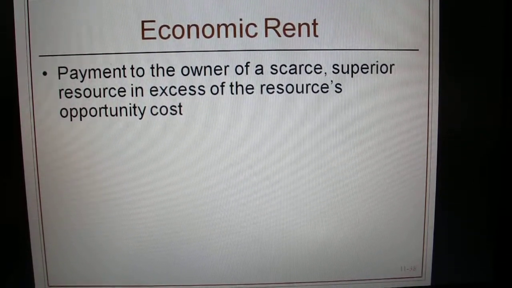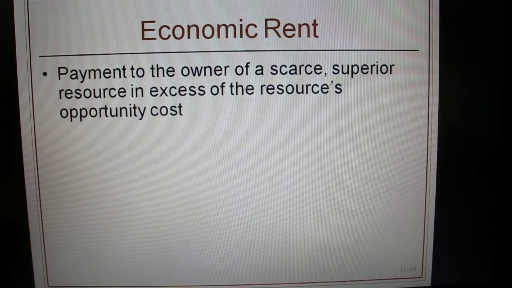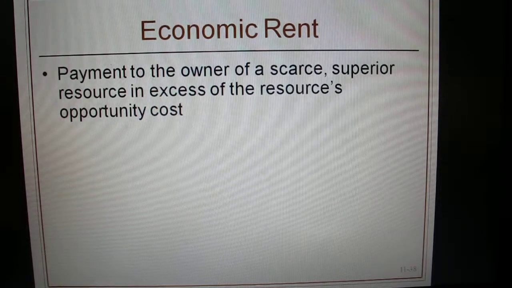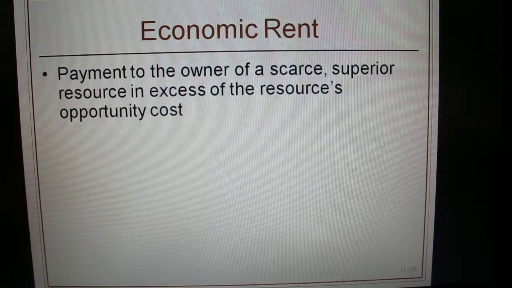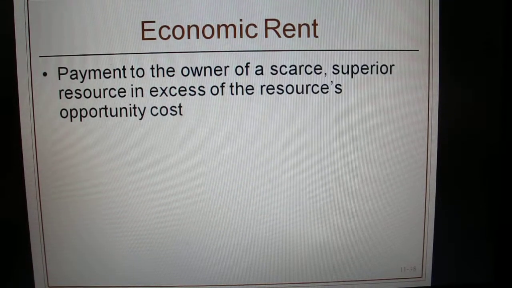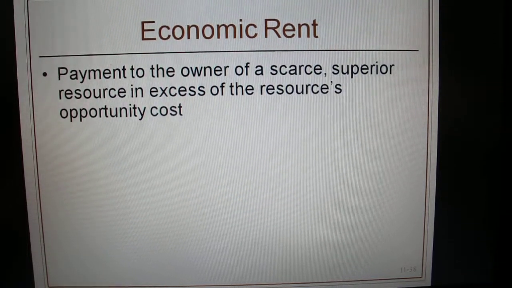If he knows this, and his firm knows this, and all the other people do, he is going to demand a raise. And he could get up to $75,000, according to this logic, for a raise.